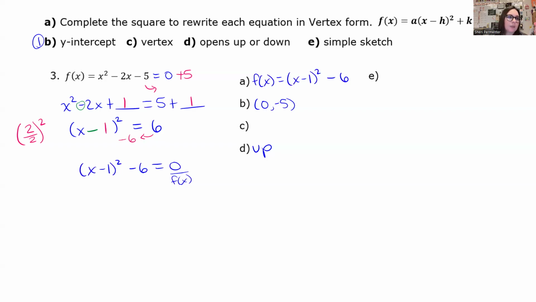From here, I can identify what my h and k are. h and k come from my equation. So what is my vertex? 1, -6. Very good.